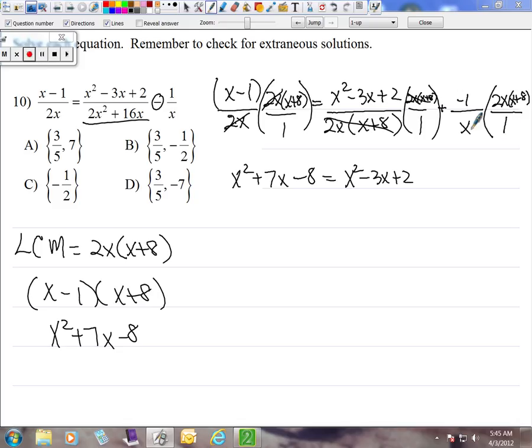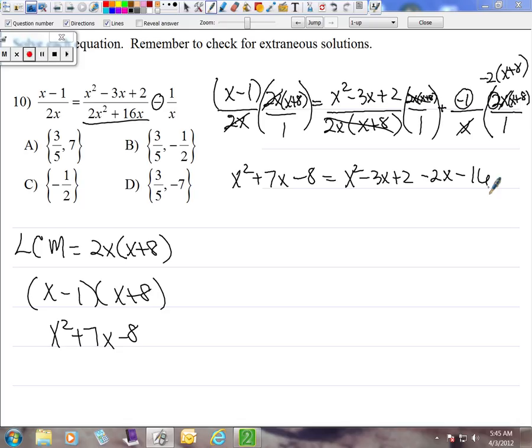And again, it's really good if you did the add the opposite on the -1, so you'll distribute it. So let's do this. -1 times 2 is -2, and then we're going to take that times x plus 8. And that'll give us minus 2x minus 16.